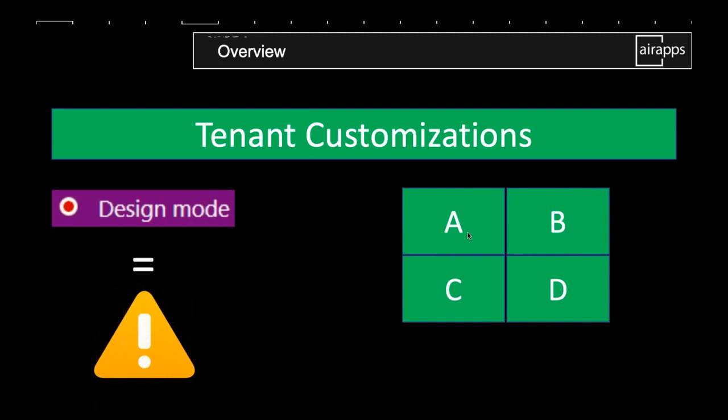Imagine that you have one tenant of Business Central, and there are 4 different tenant customizations. You can read it as 4 different extensions. And maybe your power user or yourself click on design mode and add some fields and maybe hide some fields and whatever.